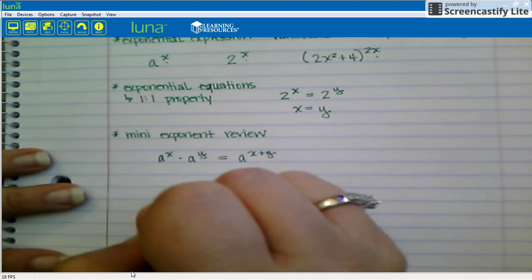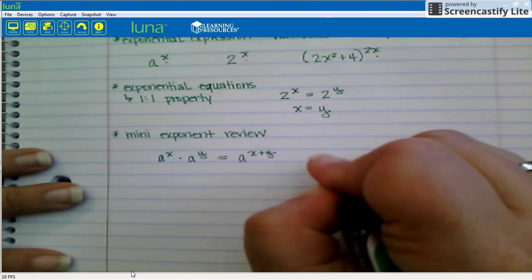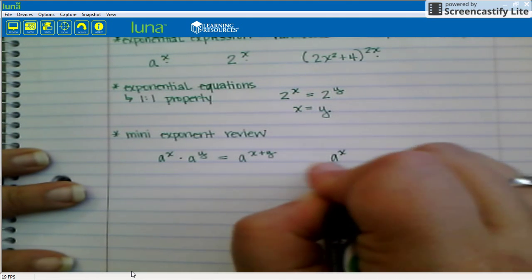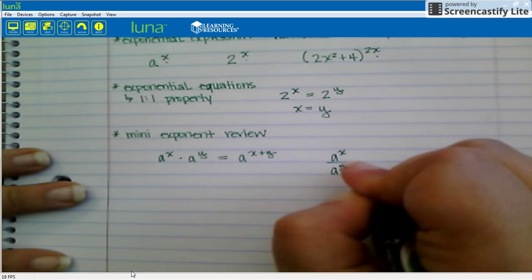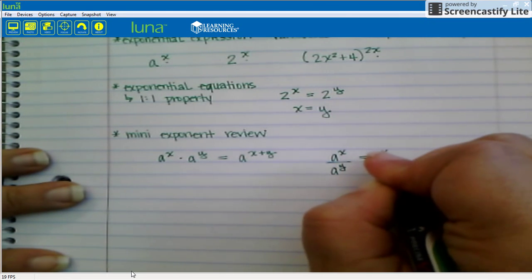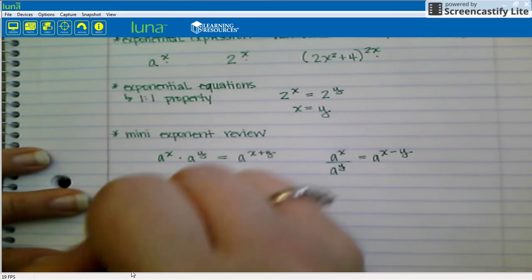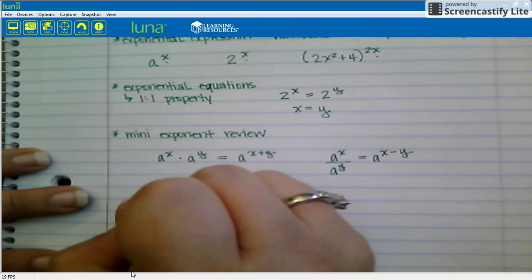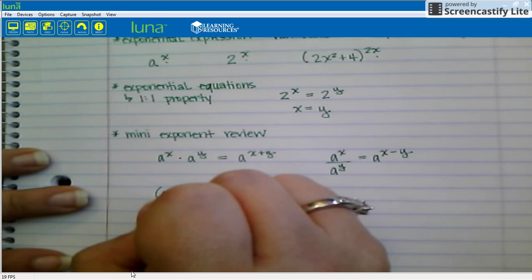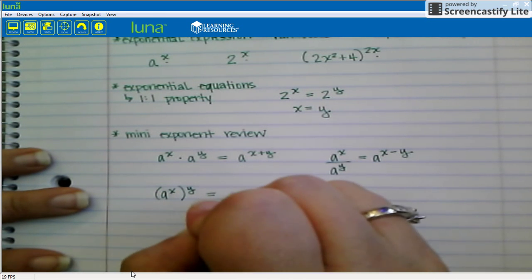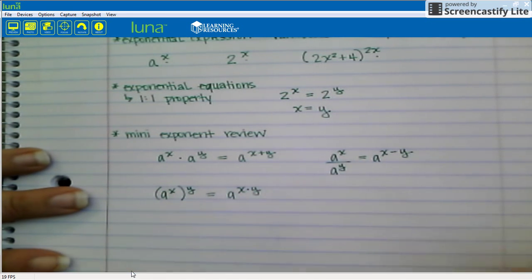If you divide two powers with the same base, then you subtract their exponents. If you raise a power to another power, then you multiply the exponents.